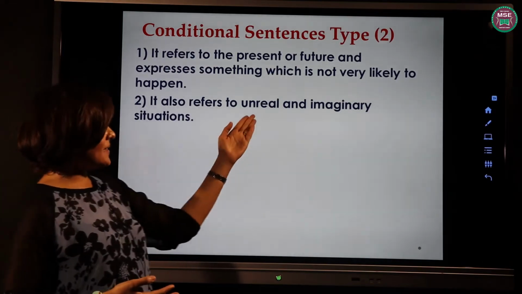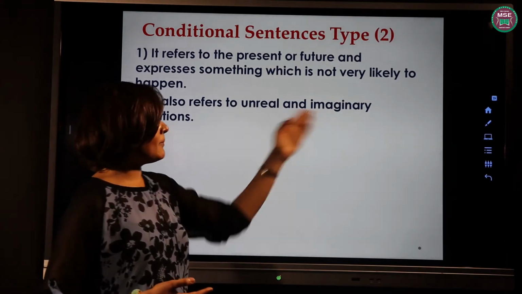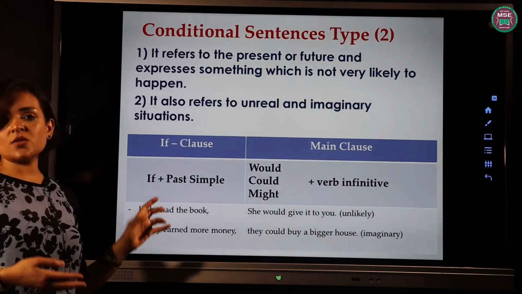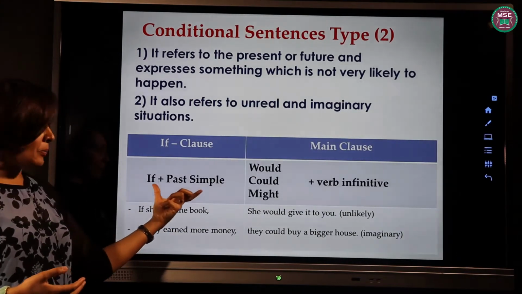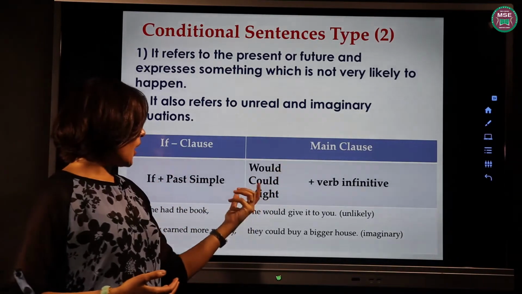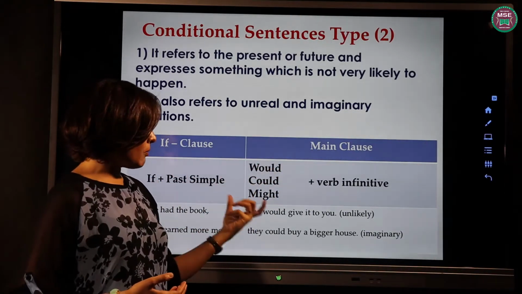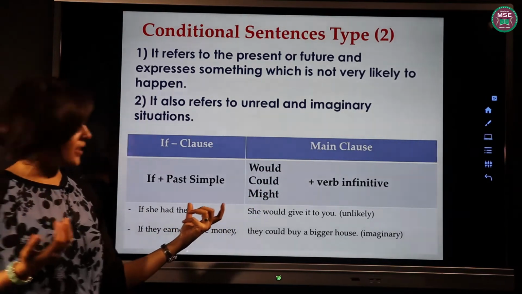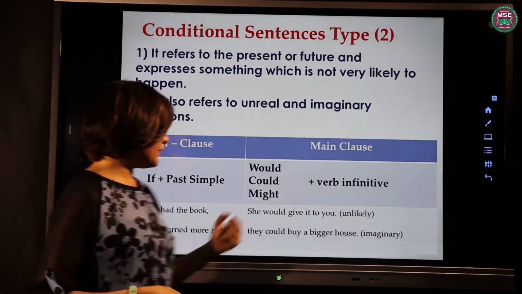So we can say that it's an unreal or imaginary situation. In this case, we use if plus past simple, and in the result part, I use would or could or might, which means that I imagine something, plus the infinitive verb.